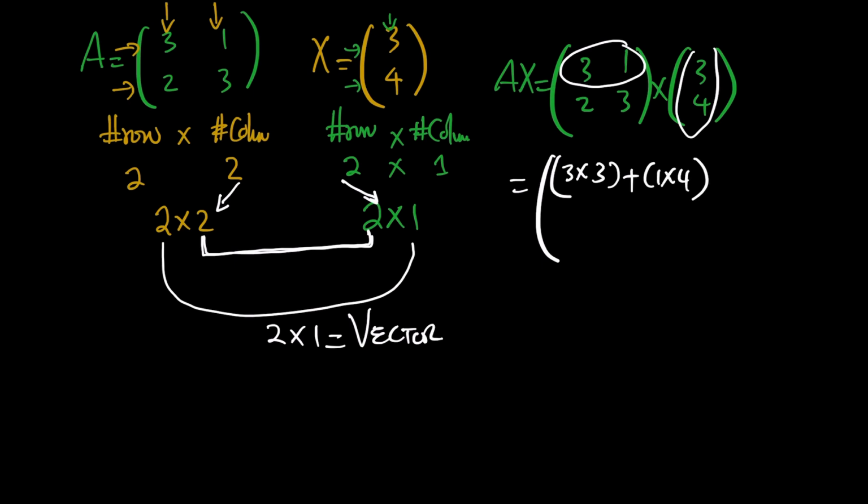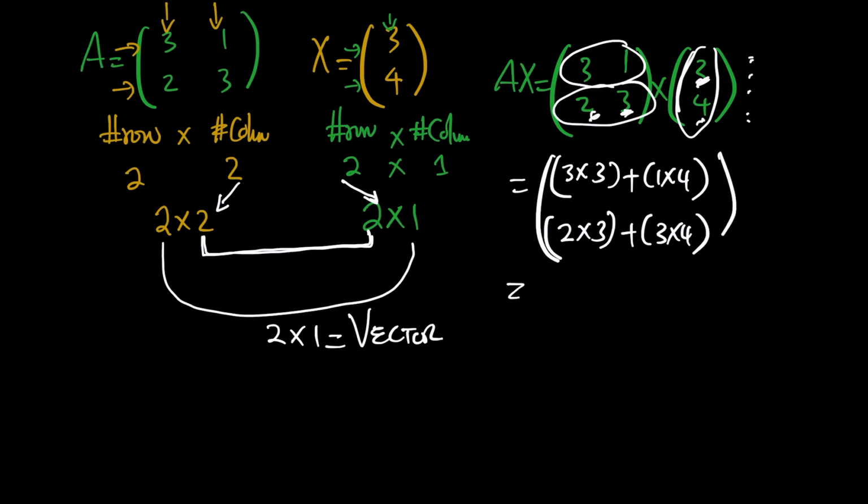Now we come down, we take the last row and the same column. So that one's going to be 2 times this 3, and this 3 times this 4. There's no other column here for us to repeat that. So basically we're going to get 9 plus 4, and 6 plus 12. And that gives us 13 and 18.